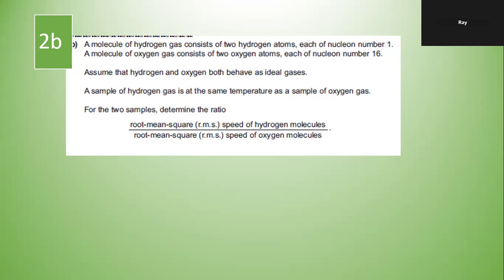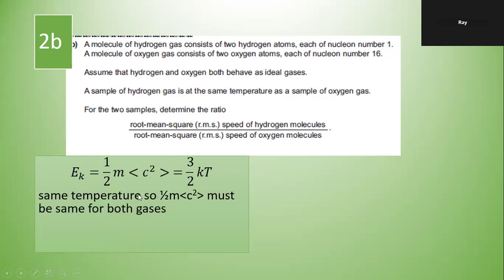For the two samples, determine the ratio. So we have to go back to the equation you have derived. Same temperature, so same kinetic energy. It must be the same for both gases.